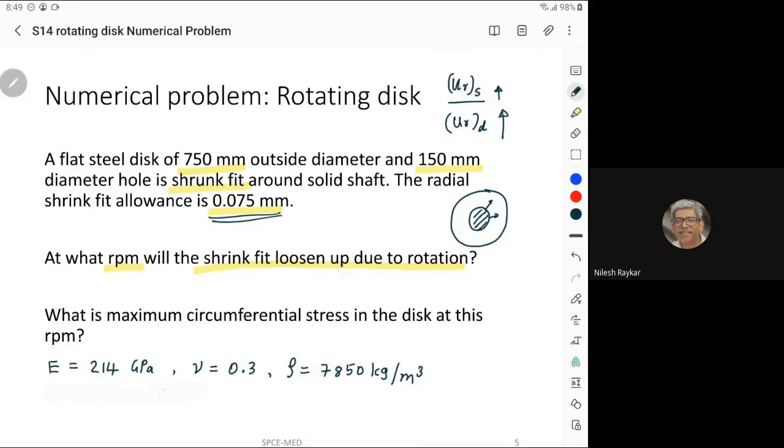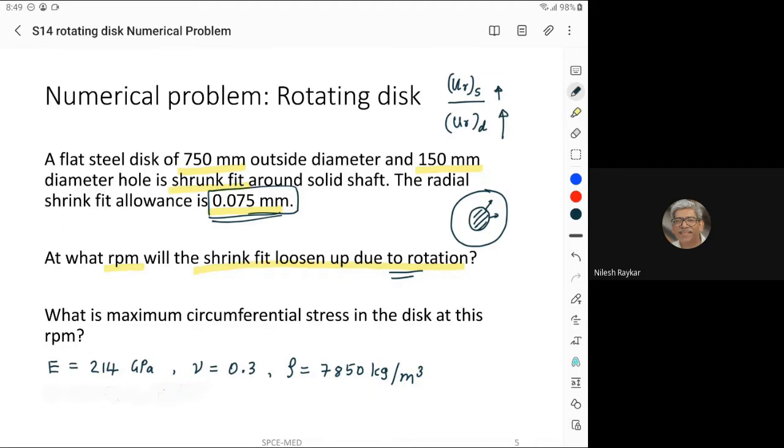So this condition would be equivalent to saying that the difference between radial displacement of the disk and radial displacement of shaft must be equal to the radial interference which is given in this particular formula.